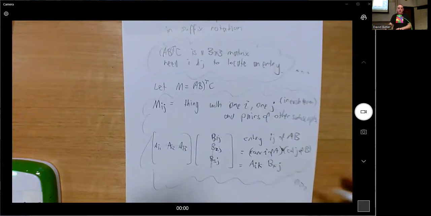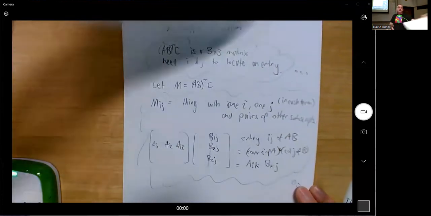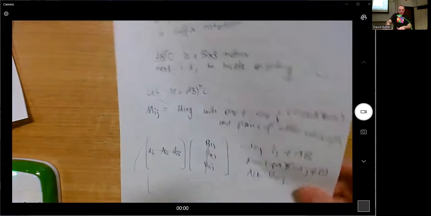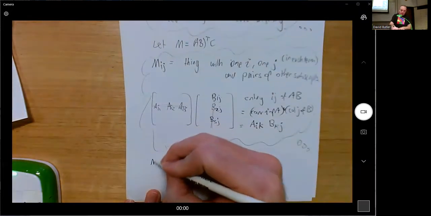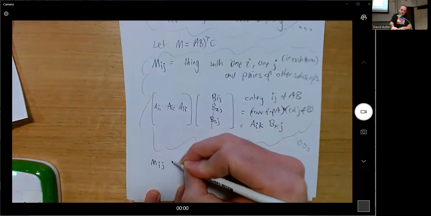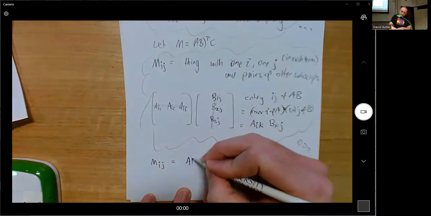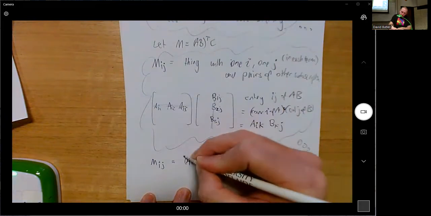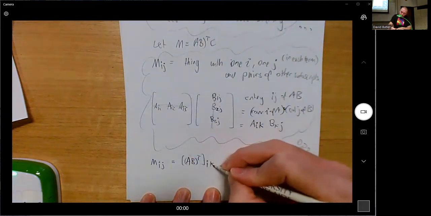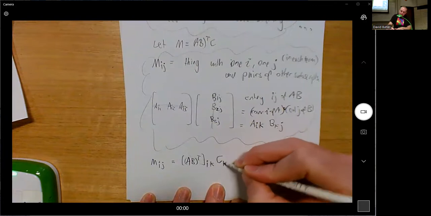Okay, all right. So Mij, bear with me, is the matrix AB transpose IK times the matrix CKJ.